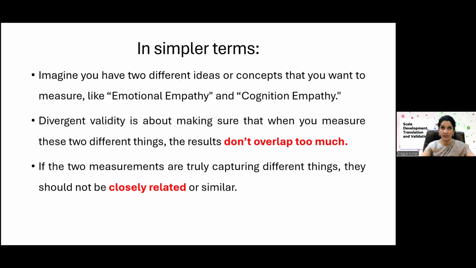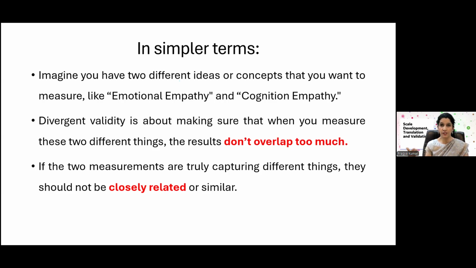Imagine you have different ideas or concepts that you want to measure, emotional empathy and cognitive empathy. Divergent validity makes sure that these two don't overlap much, meaning they should exist as separate entities. They should not be very closely related, because if they are, then let's club everything and make one factor rather than a 3-factor solution or structure.